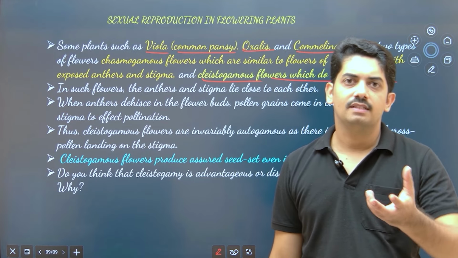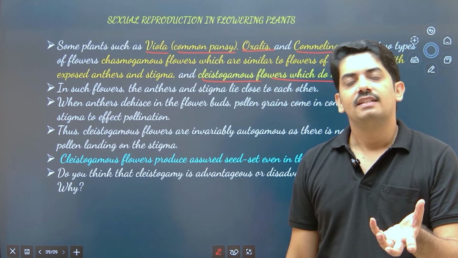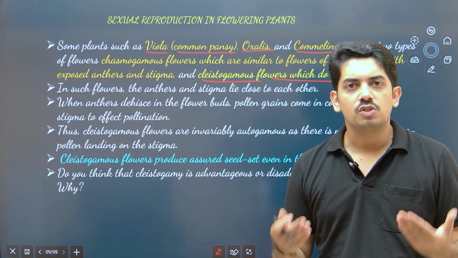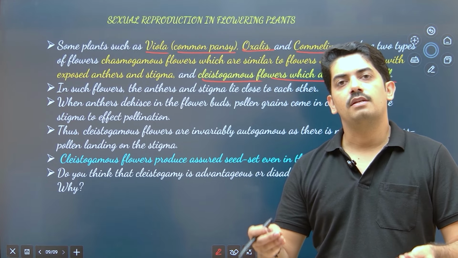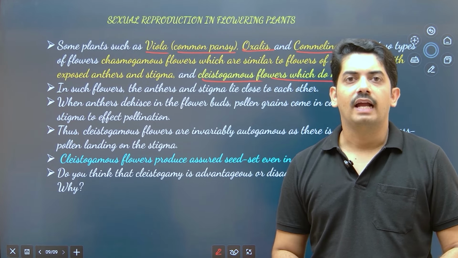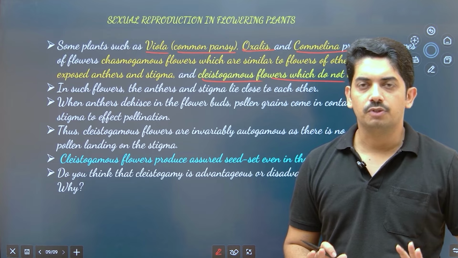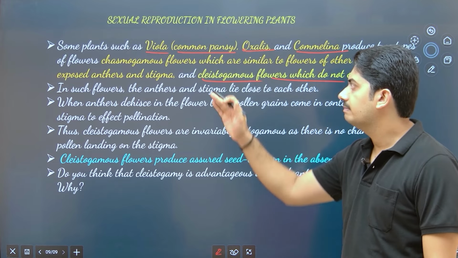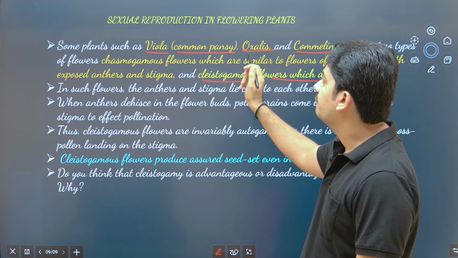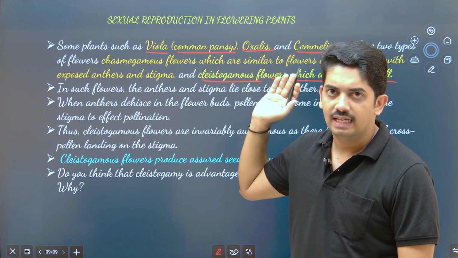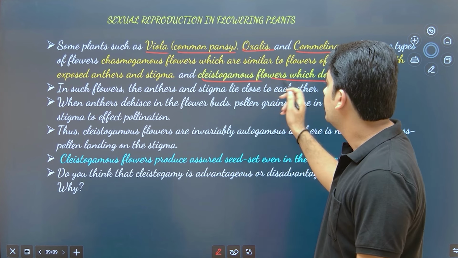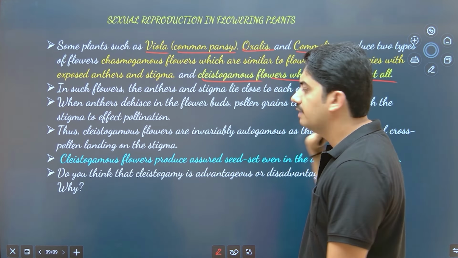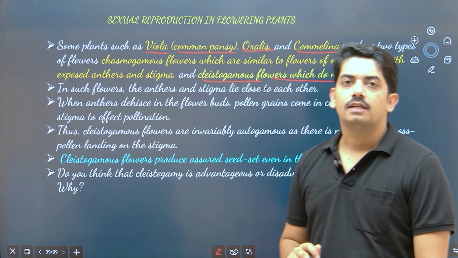Hope you have seen the groundnut plant. The flowers are produced in the soil actually. Pollination occurs inside and it sets the seed and the fruit. Okay, here they have not mentioned the example, only for chasmogamous flowers they have mentioned the example. But remember, for cleistogamous flower the example is groundnut.